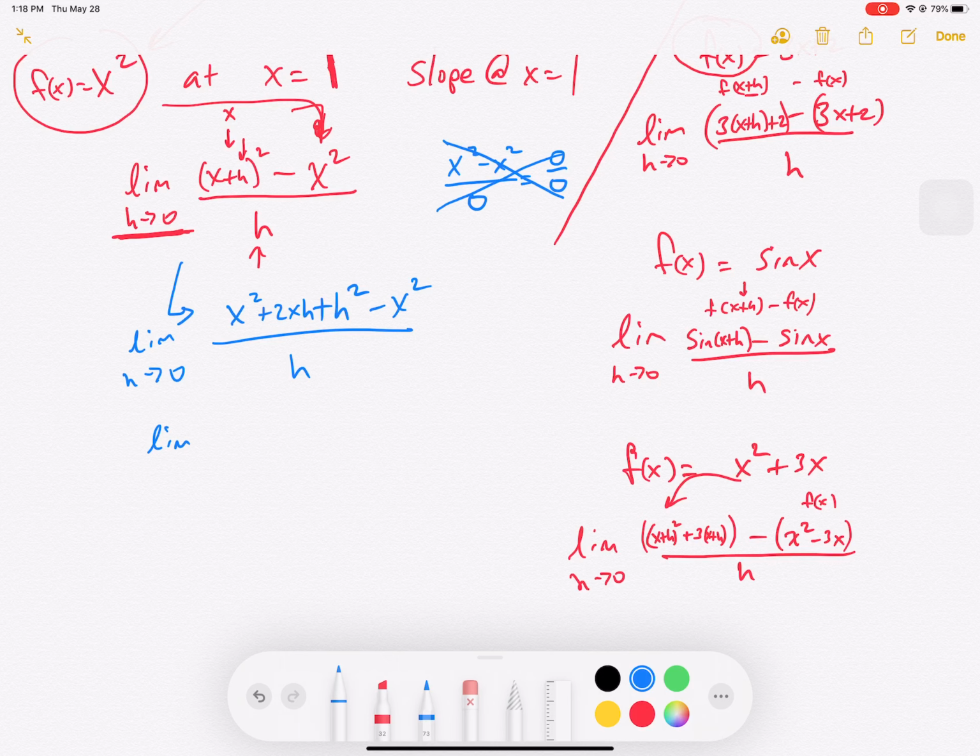X squared minus x squared cancel out. So we're left with 2xh plus h squared over h. And if you can see here, there is a common h value that we can divide out. So we're going to divide out h and h. That's going to give us the limit as h approaches 0 of 2x plus h, because we had an h squared there.